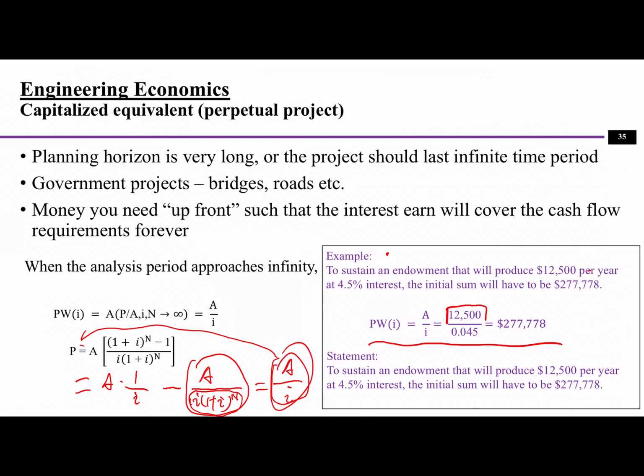Which means that to sustain that endowment producing $12,500 per year at 4.5% interest, the initial sum, the money you need, has to be this amount. So this is a perpetual project. Remember to use this equation to calculate.